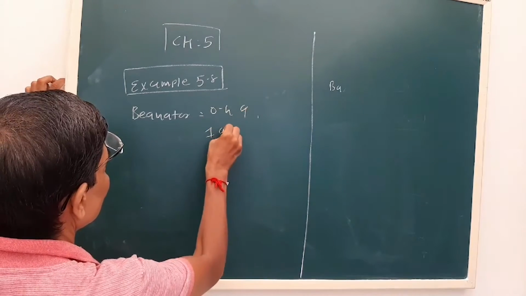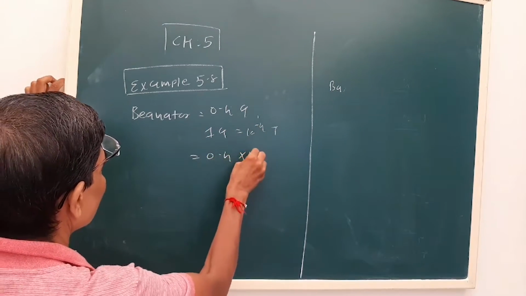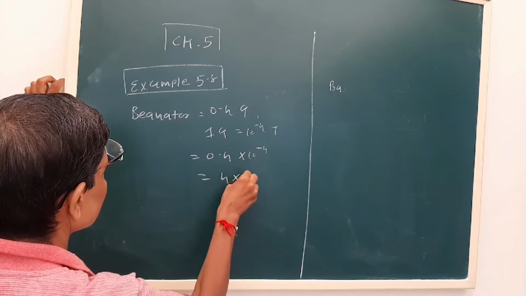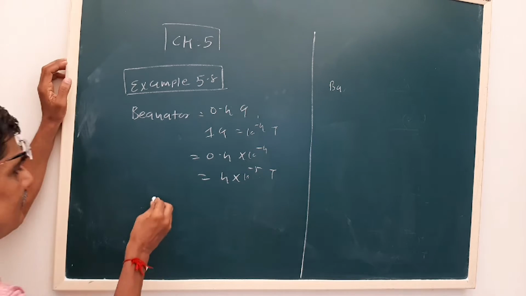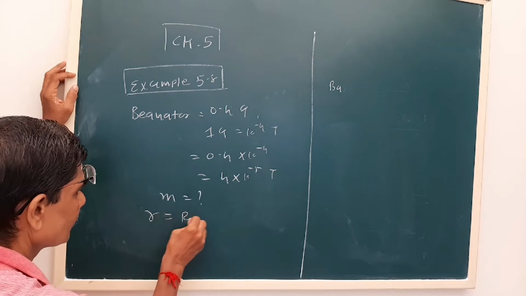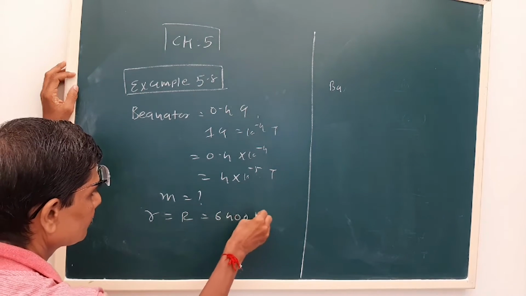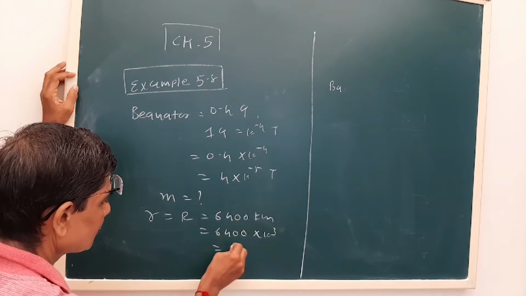We have to remember that 1 Gauss is 10 to the minus 4 Tesla, so 0.4 into 10 to the minus 4. Estimate the Earth's dipole moment, that is m. The radius of the Earth is r, 6400 kilometer, that is 6.4.